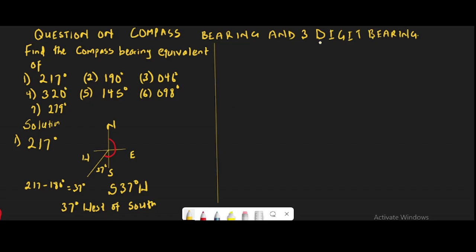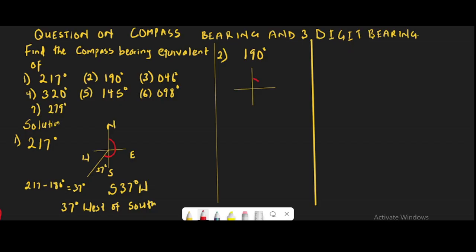Now the second question, we have 190 degrees. To make it easy, let's draw our cardinal points.